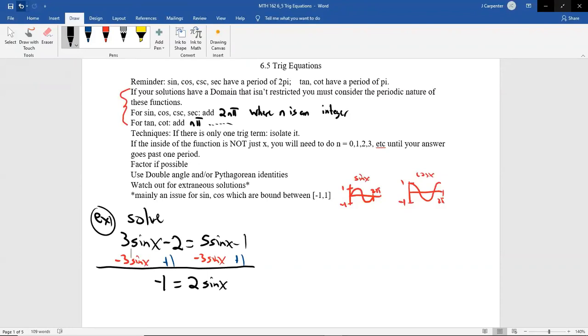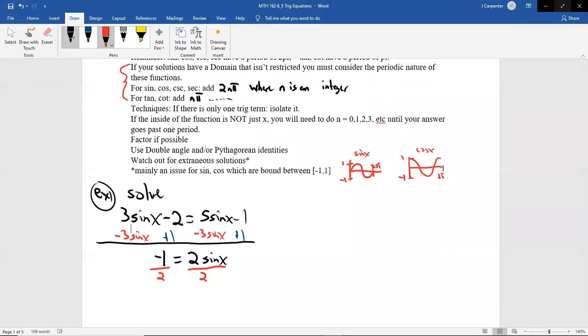And the sine x is almost isolated, but we need to get rid of that 2. We do so by dividing, because what we're looking at currently is a times. And that's going to give us -1/2 is equal to sine of x. And I'm not done. I'm not saying this is the answer. I'm just pointing out this is what I mean. You have seen a problem like this previously back in chapter 5.